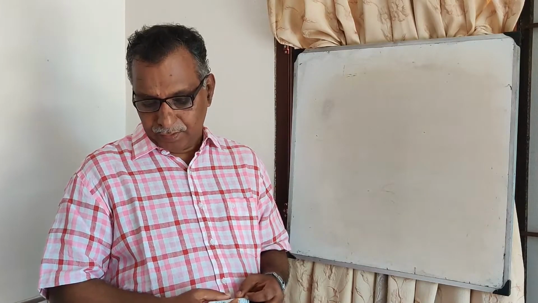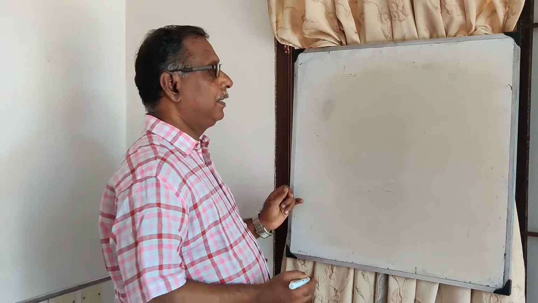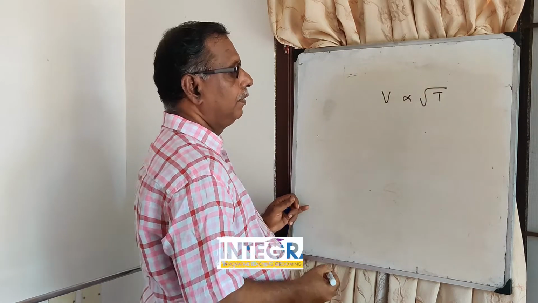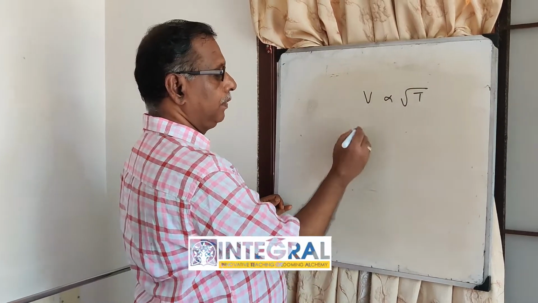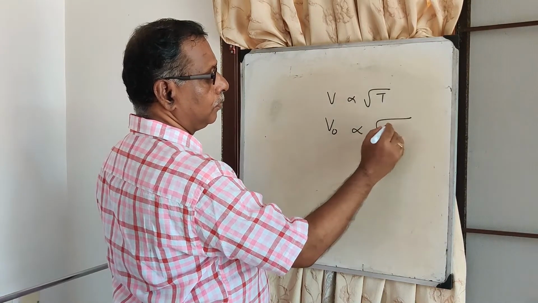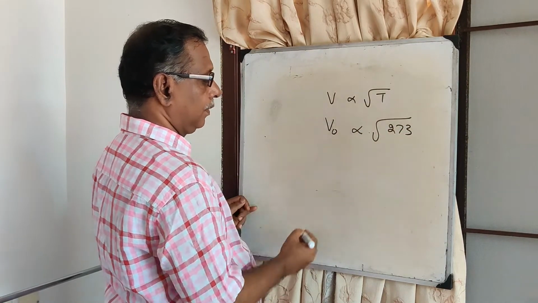Then there arises one simple question. What is the temperature at which velocity of sound is double that at 0 degrees Celsius? Using the formula V directly proportional to root T. Velocity at 0 is V0, directly proportional to root of 273.